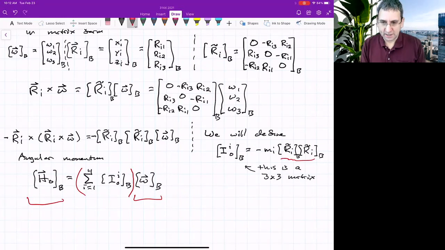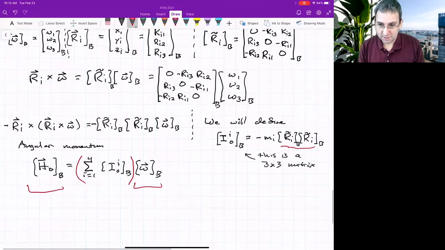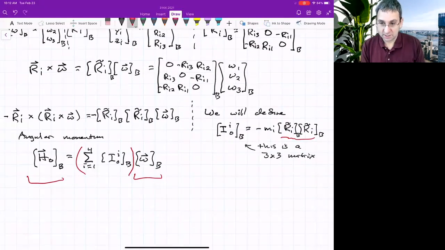Interestingly, omega over here does not depend on i, so we could sum up these matrices separately. I called this I because it's related to what's called the moment of inertia.